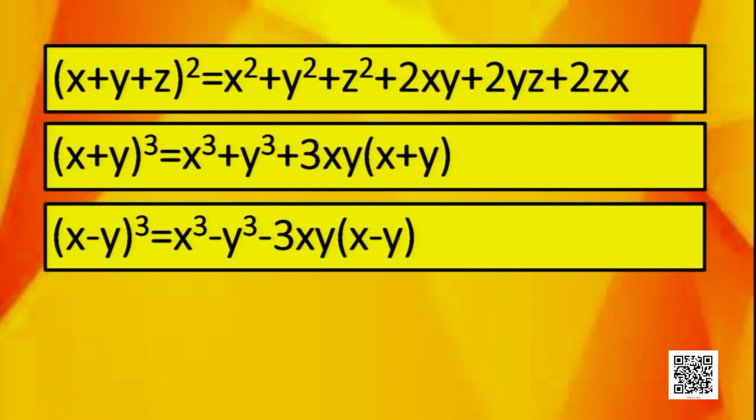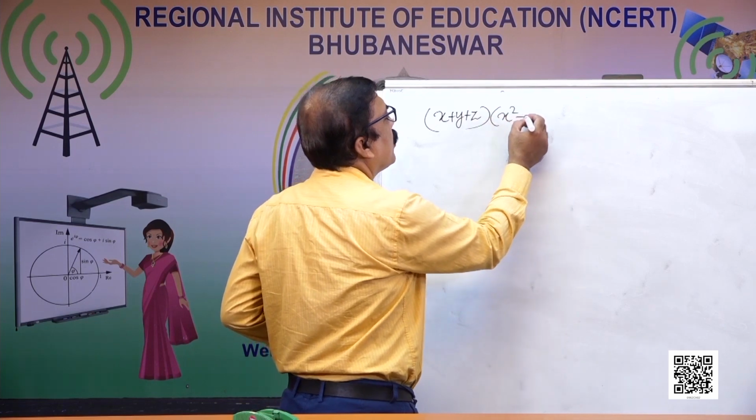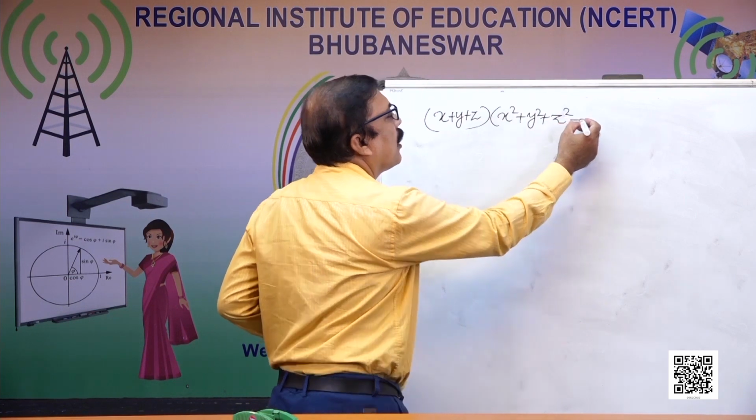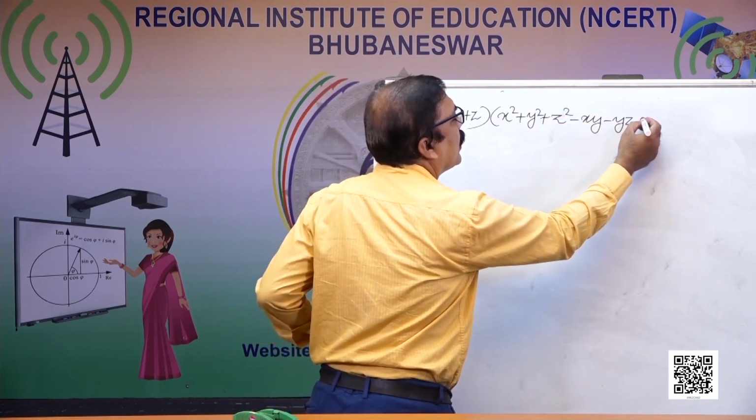Now let's see another identity, that is x plus y plus z whole into x square plus y square plus z square minus xy minus yz minus zx. So x plus y plus z is to be multiplied with x square plus y square plus z square minus xy minus yz minus zx.